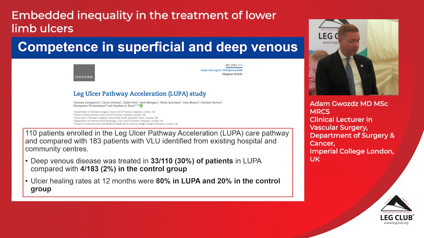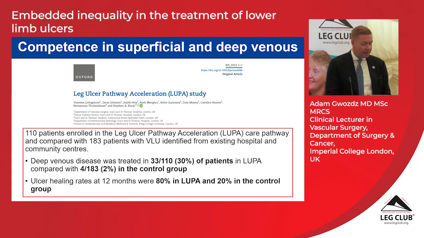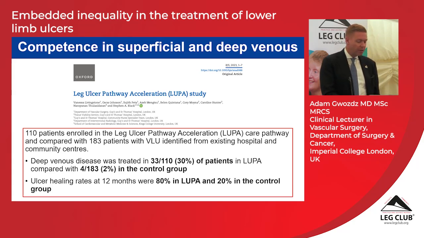That was compared to only 2% in the control groups, the ones in hospital getting the more up-to-date imaging that we know didn't have outflow obstruction. And the stark result was that at 12 months, 80% of those with outflow obstruction who got treated healed their ulcers within that year, compared to only 20% in the control group.